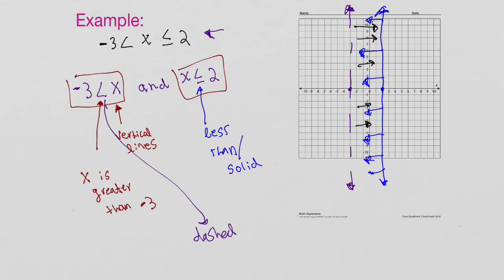Now we have a dashed line for -3 less than x right here, and we have a solid line for x less than or equal to 2. So let me actually label these. X is less than or equal to 2, and then -3 is less than x. And every point here is going to satisfy our solution, including +2, but not including -3.